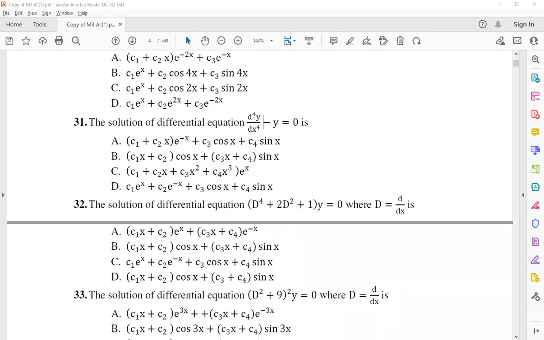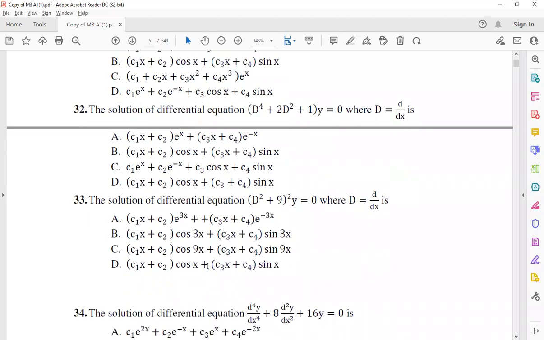So C1 e raised to 1x, C2 e raised to minus 1x, plus e raised to alpha x (alpha 0), C3 cos beta x, beta is 1, plus C4 sin beta x. Where is the option? You can check. Which one is the correct one? I think option D. Right, D is the correct one. Chalo, go with 32.